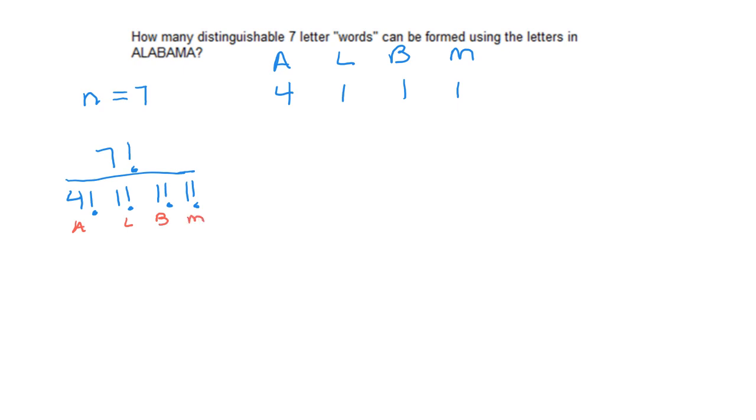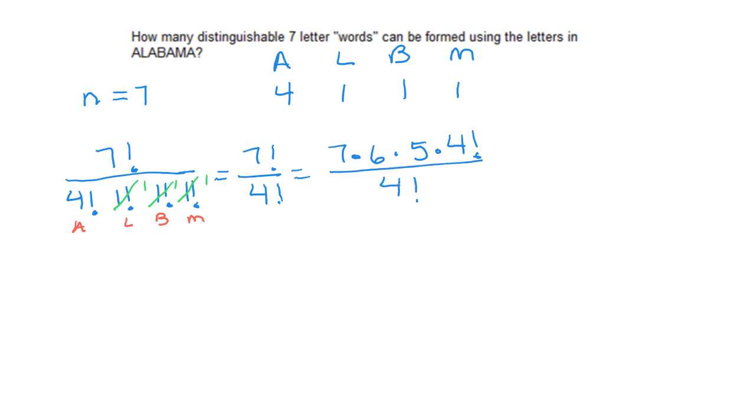And we know that the 1 factorials are all equal to 1. And 1 times 1 times 1 is itself, so I'm going to leave that alone. And I'm just working with 7 factorial over 4 factorial. So 7 times 6 times 5 times 4 factorial divided by 4 factorial. Dividing out the 4 factorials.